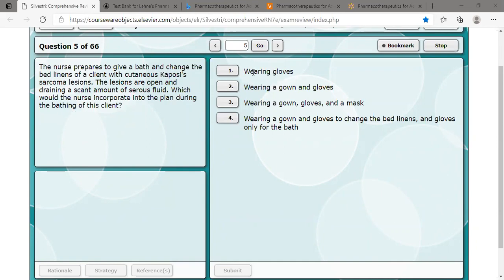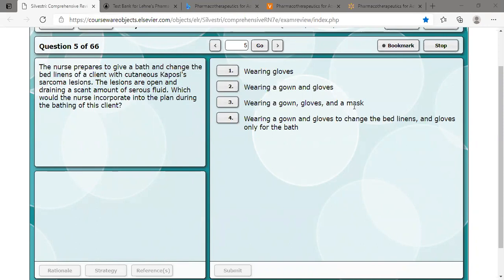So number one, wearing gloves. But in this patient, first of all, Kaposi's sarcoma is open and the secretion comes out, so wearing only gloves is not protective. Wearing a gown and gloves is better than one. Number three, wearing a gown, gloves and mask.